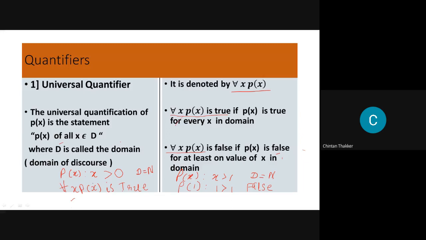So for this statement, for all x P(x) is false.